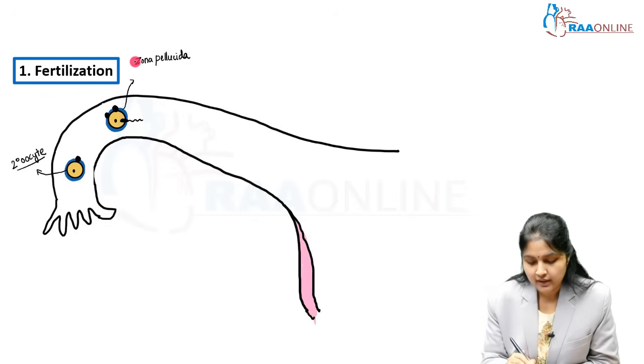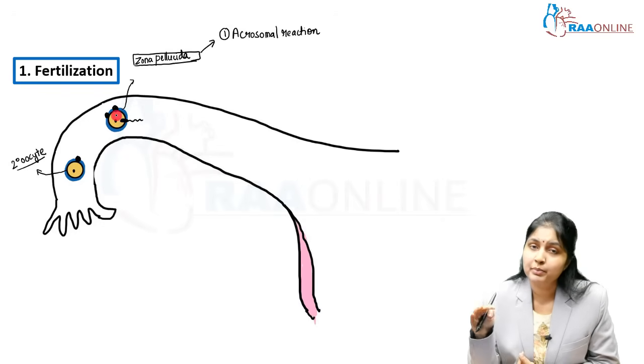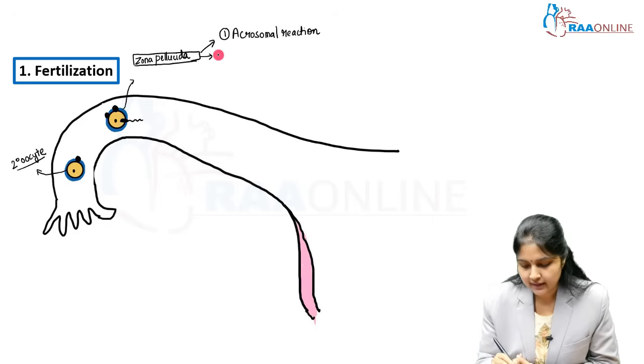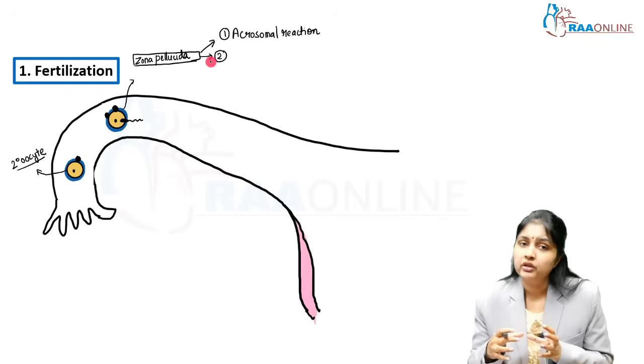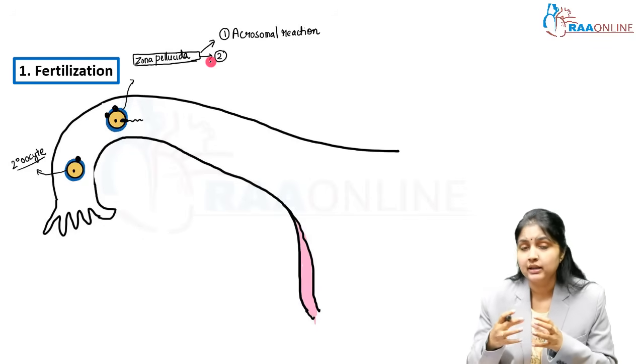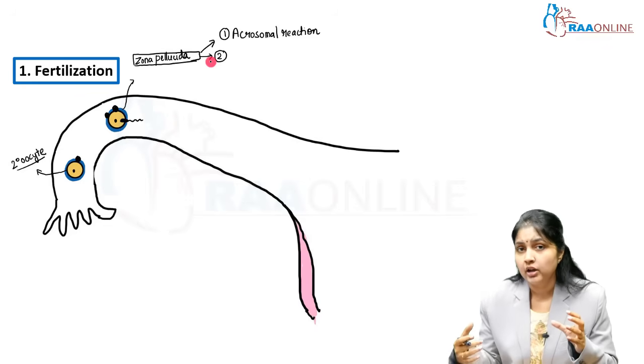Zona pellucida has a couple of important functions. The first being it helps in the acrosomal reaction of the sperm head. So this helps the sperm head to lyse the oocyte covering to get inside the oocyte to fuse. Second is that this zygote that is going to get formed has a very high propensity to attach itself to the walls of the tube before it reaches the uterus.